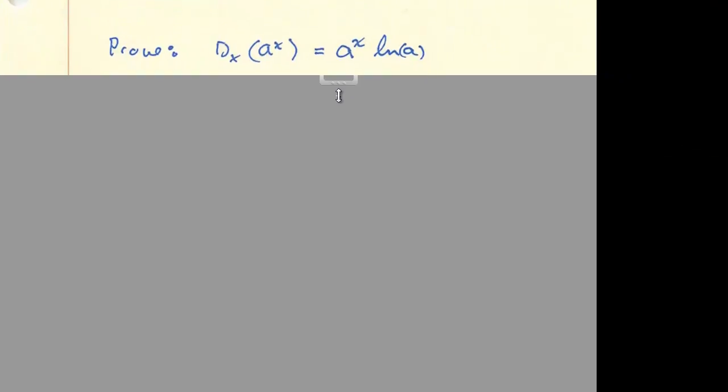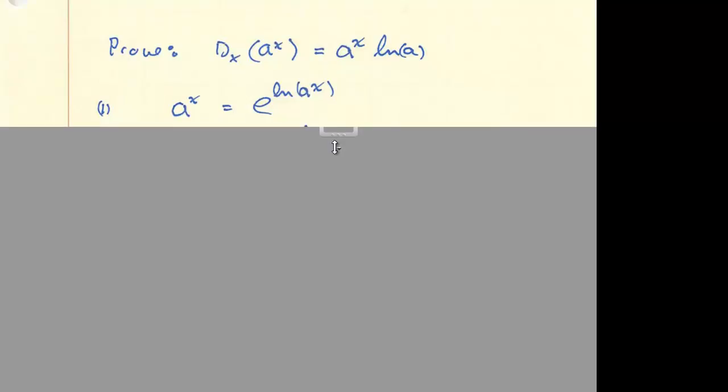So let's see how this proof develops. It's actually based upon a little bit of pre-calculus. The main trick here is you need to write a to the x in a form that allows us to differentiate it. And whereas we don't know how to differentiate a to the x, we do know how to differentiate e to the x or e to something using the chain rule.